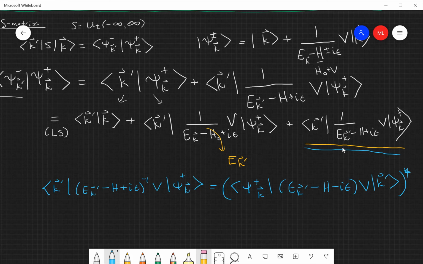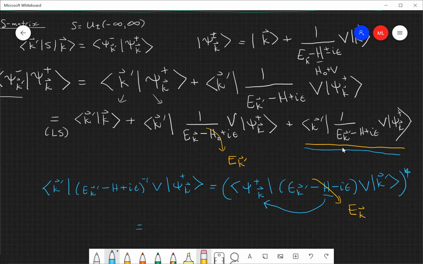Now we can recognize that this H inside this complex conjugation can act on the left also. And now H is going to be diagonalized by that state, and the eigenvalue is again just the energy for k. So we can replace H with the energy at k, and then take the complex conjugate again.